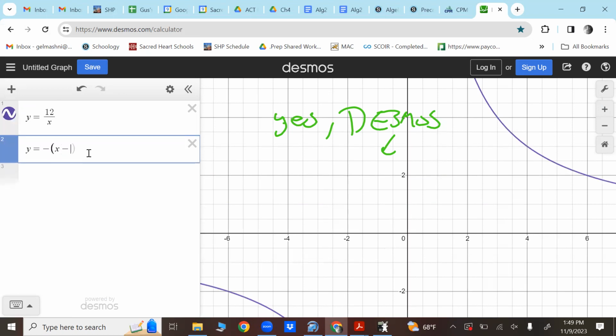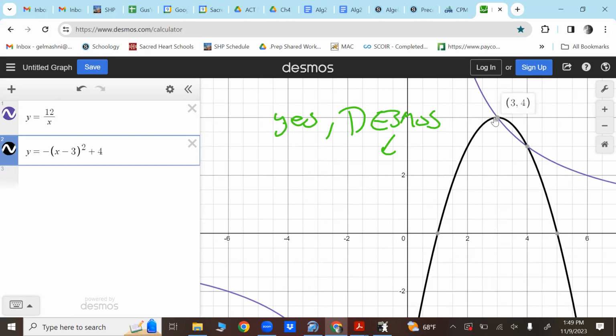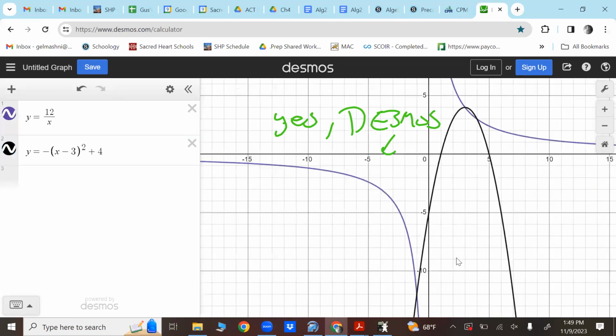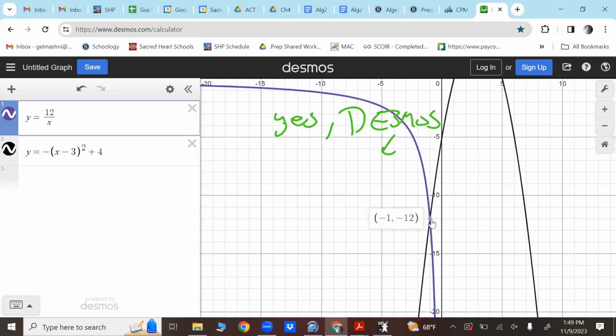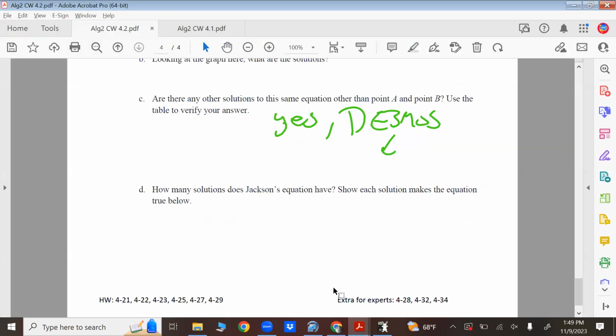Negative x minus 3 squared plus 4. Okay, cool. Here and here. Zoom out. Yep. They're touching at -1. You can use a table too in the graphing calculator, but I think Desmos is fine. So yeah, at x equals -1. Okay. So now he has 3 solutions.